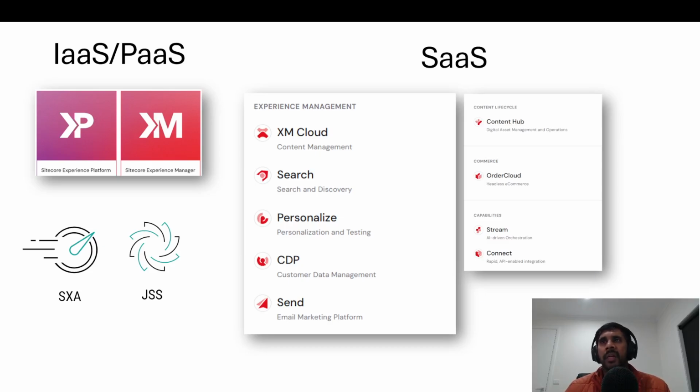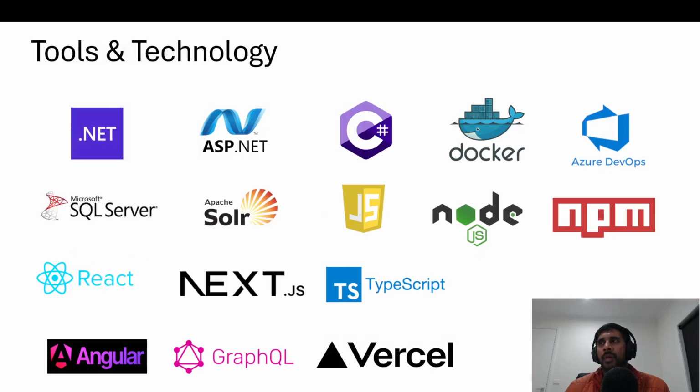Let's move on. What is the technology landscape? I just listed various tools and technologies here, but this is not the complete list. We can implement in whatever technology we choose now, because with headless in the picture, there is Experience Edge, which provides an API for any platform to consume the content.